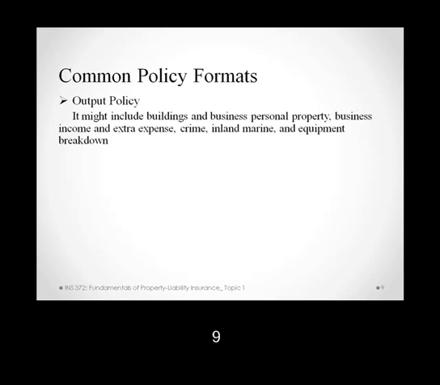In other words, the multi-line policies provide coverage using multiple policies. However, the output policy uses one single insurance policy to cover different lines of business. So that is one very important difference between an output policy and some regular commercial policies.